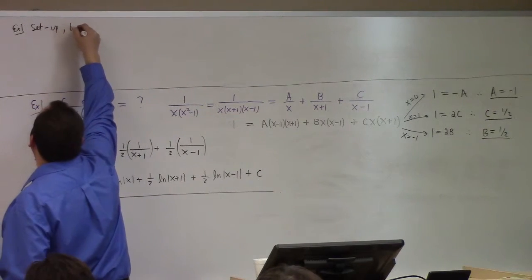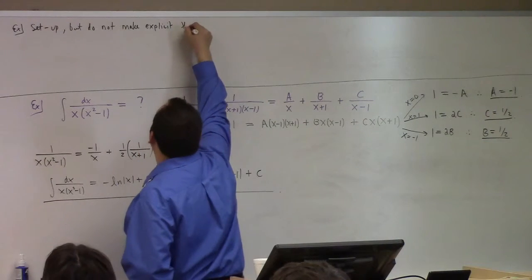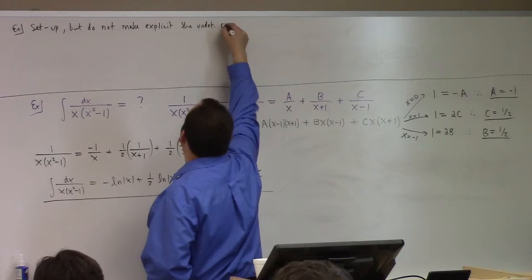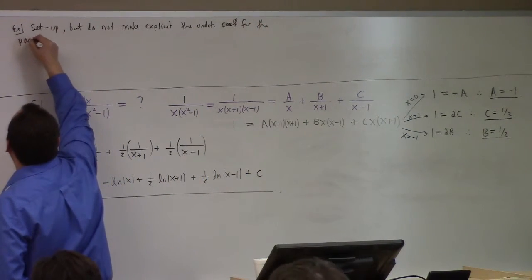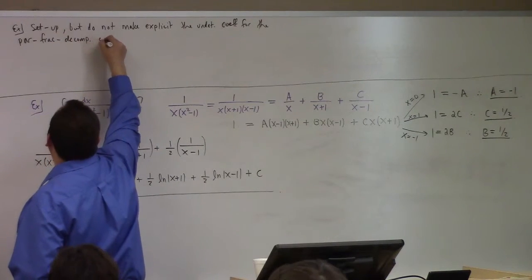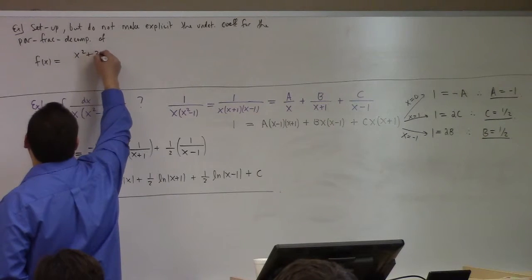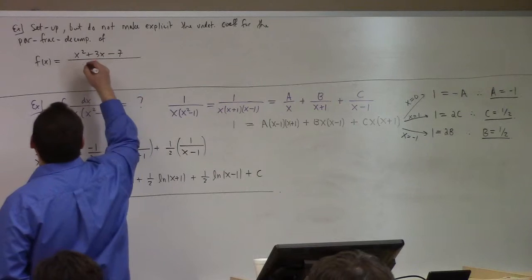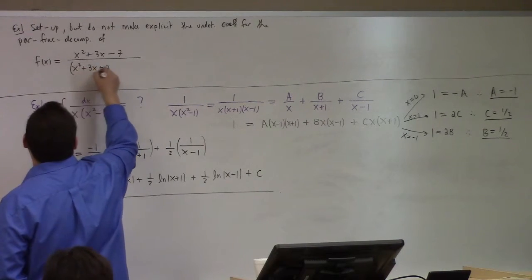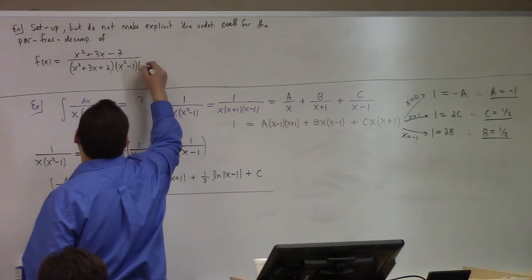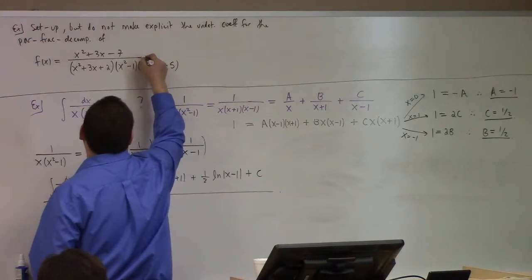Here's the example setup, but do not make explicit the undetermined coefficients for the partial fractions decomposition of f of x equals x squared plus 3x minus 7 divided by x squared plus 3x plus 2, times x squared minus 1, times x squared plus 4x plus 5, like that.